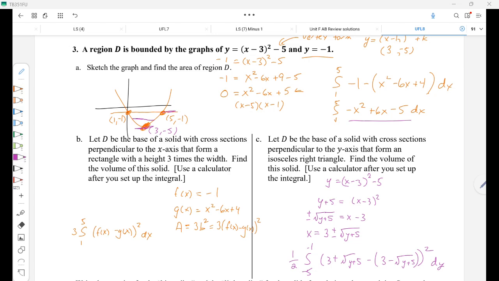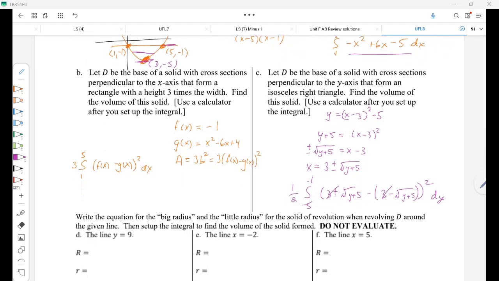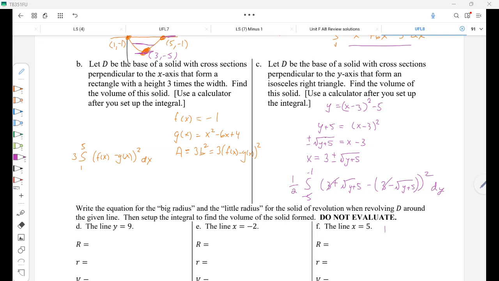One of the things that'll happen when you actually go to integrate that is those 3's will cancel, and the y plus 5's will combine. So you end up with a 1/2 still, and then you just end up with 2 square root of y plus 5, but squared.